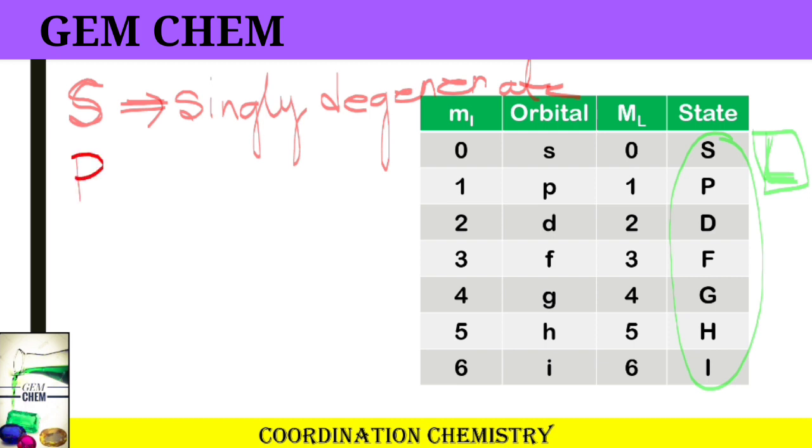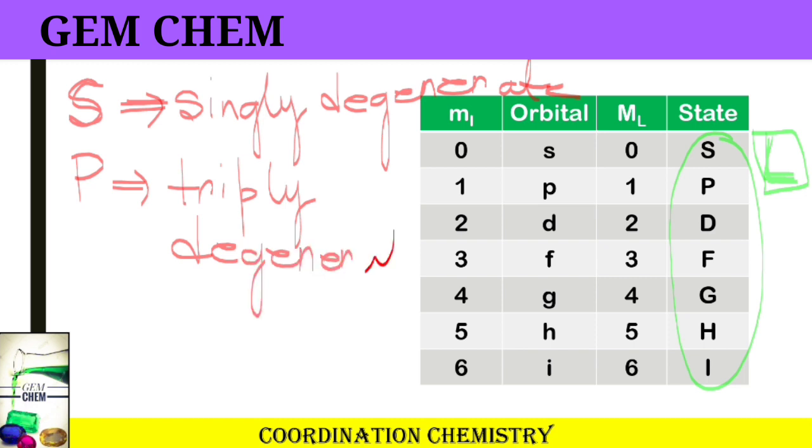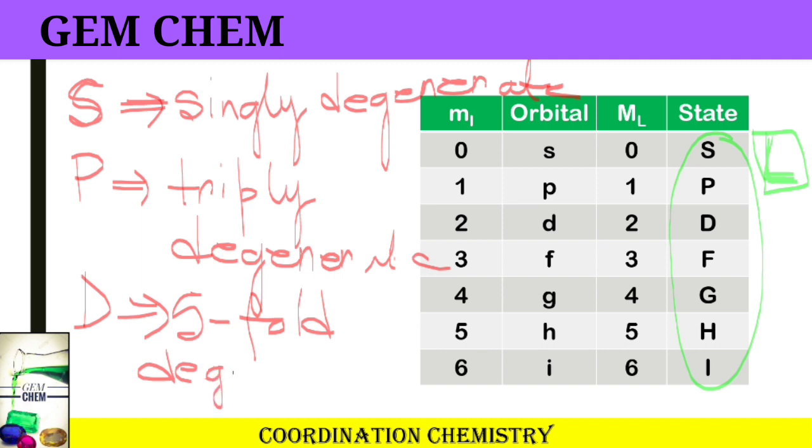P term refers to triply degenerate. Next, if we go for D, it is 5-fold degenerate. And for F term, you can write as 7-fold degenerate.